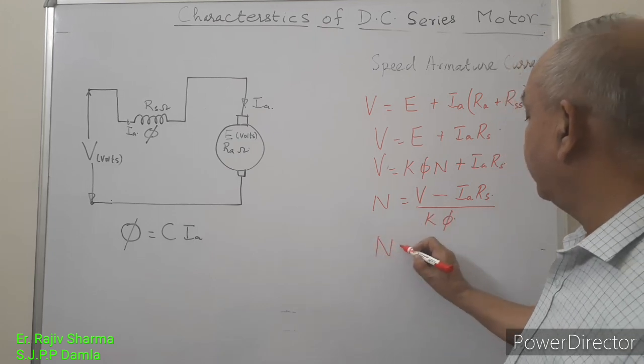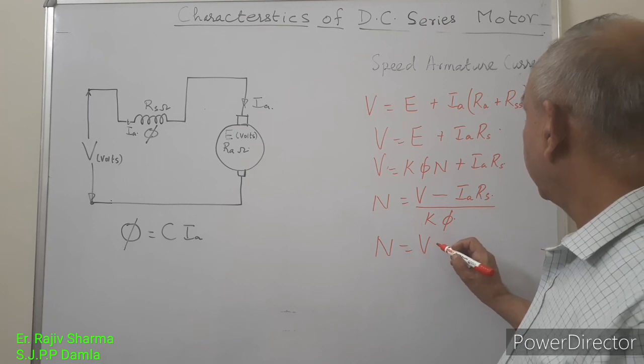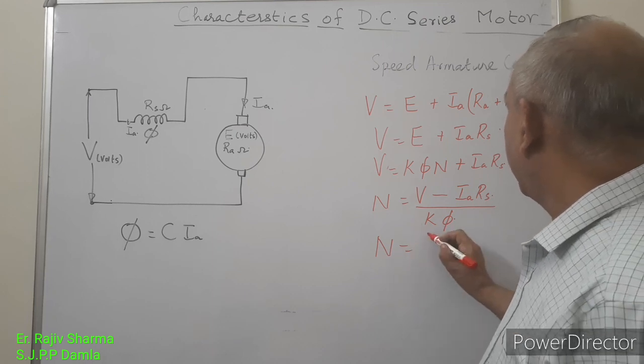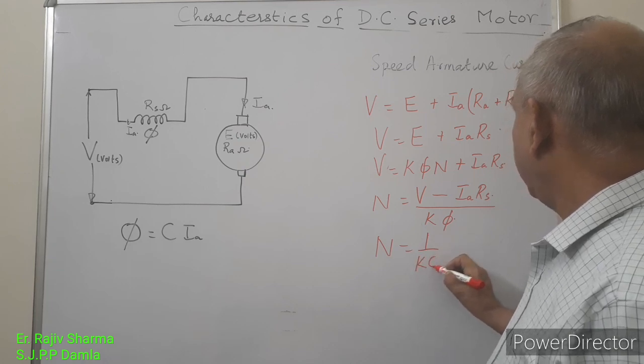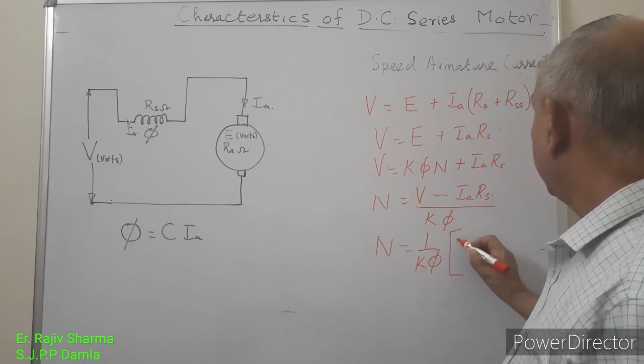Or N is equal to 1 upon K phi into V minus Ia Rs.